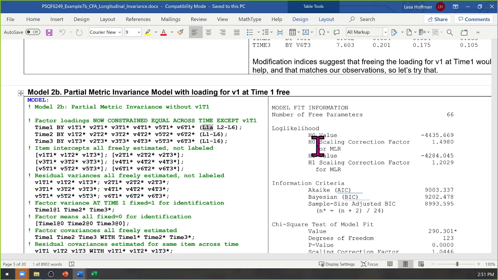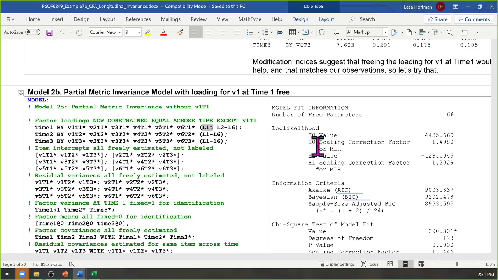Mplus does not care what you call these things. If you look in the Mplus directory for all the examples, they have constraints that are like 1, 2, because you don't have to label them with anything useful. But then you can't tell, like, are you fixing this at 2, or is this just the second constraint? So I try to use labels that actually make sense.